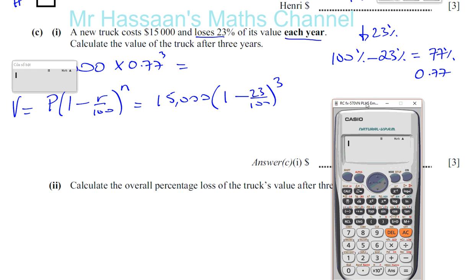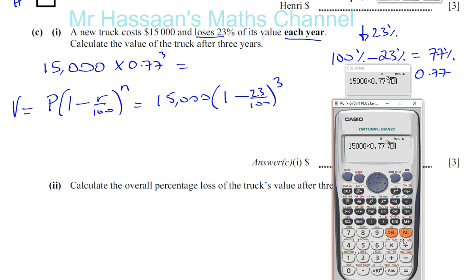Let me put this a little bit out of the way slightly. So we have 15,000. Be very careful, don't mistype. 0.77 to the power of 3, cubed. Oops, put that in there.